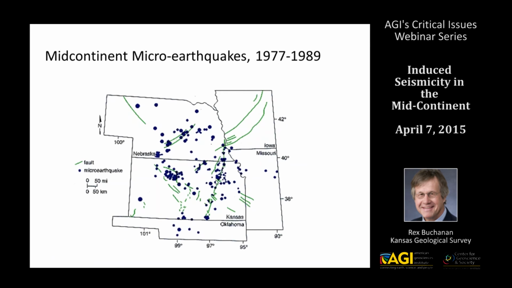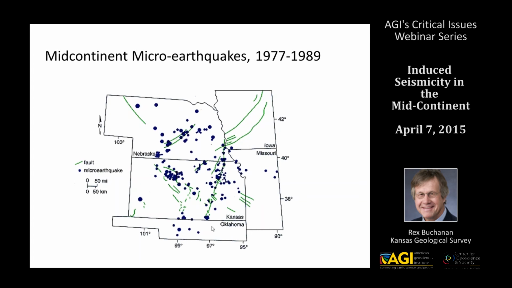I would point out a couple things. One, we did see a lot of activity, as you would expect, along that Humboldt Fault Zone, and we saw some in this area of north central Kansas that today I think we might very well likely attribute to induced seismicity related to water flooding activities in that part of the world.